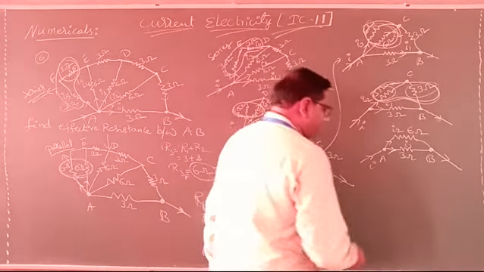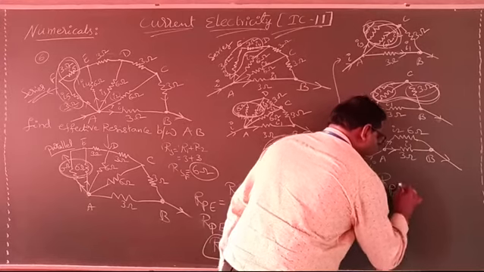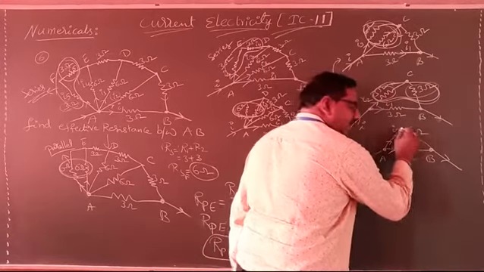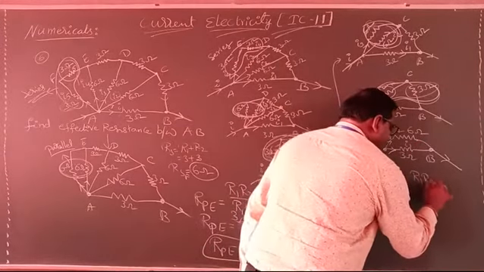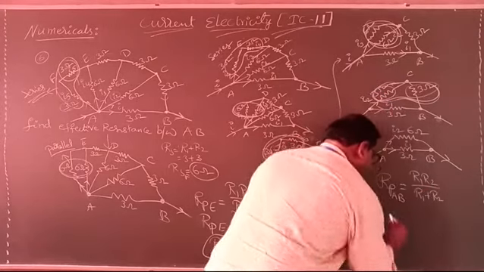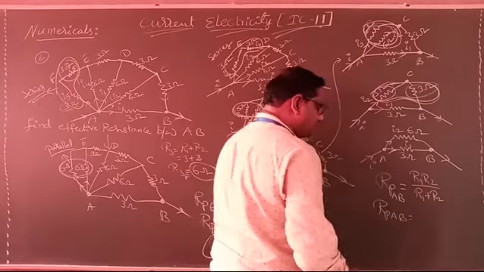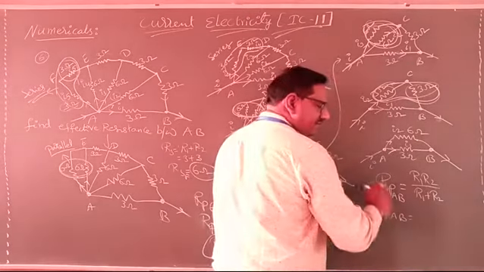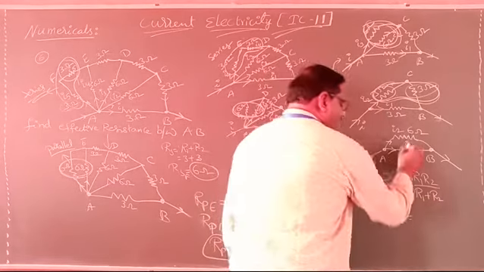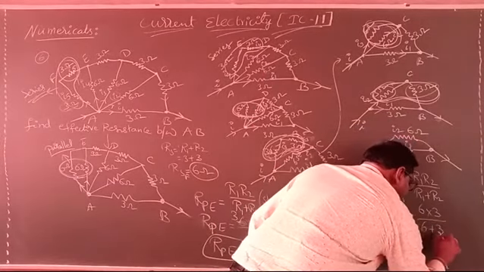Then see that, very simple. Effective resistance between A and B, that is R1 into R2 by R1 plus R2. Then how can you write that? RAB, that equals the effective resistance between A and B. Now 6 into 3 by 6 plus 3, how much is it?